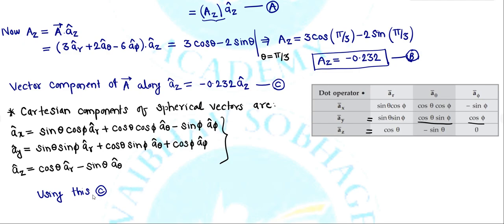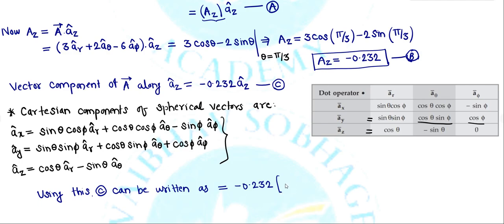Using this, C can be written as minus 0.232, then next is AZ.